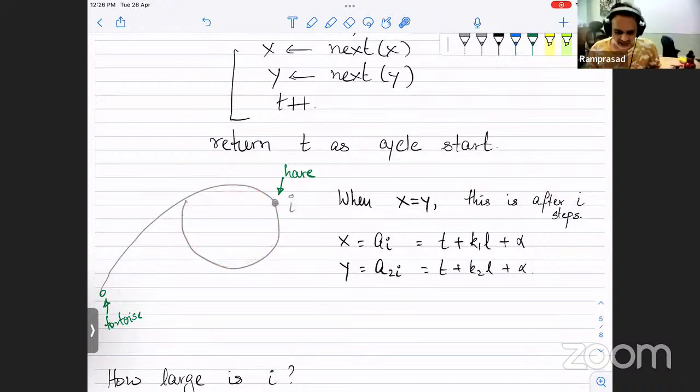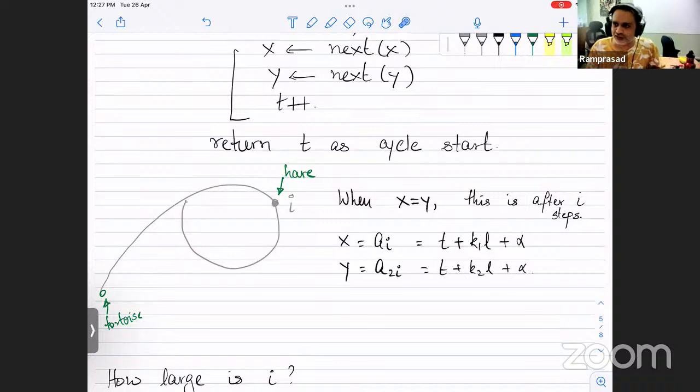So all I'm trying to say is that the time it took for the tortoise to come here, if the tortoise had started walking from this step, it would have come back to the same spot, because that's what the hare did, because the hare walked twice as much as the tortoise walked.